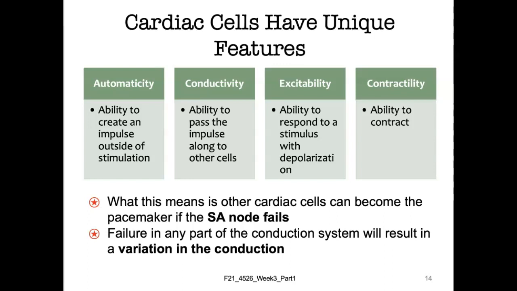So what this means is that other cardiac cells can become the pacemaker if the SA node fails. This is important when you start to look at rhythm interpretation. Failure in any part of the conduction system will result in a variation in the conduction. Hence, we get our arrhythmias, which you will be learning about today. So it's very important to understand these unique features that the cardiac cells have.